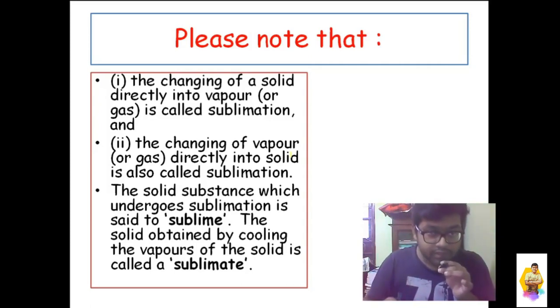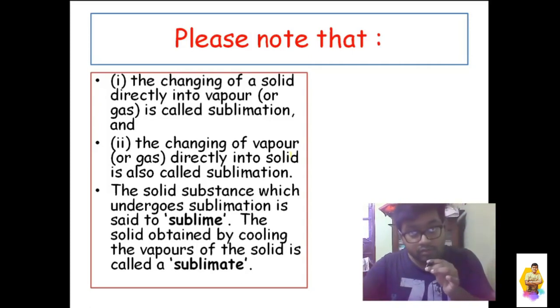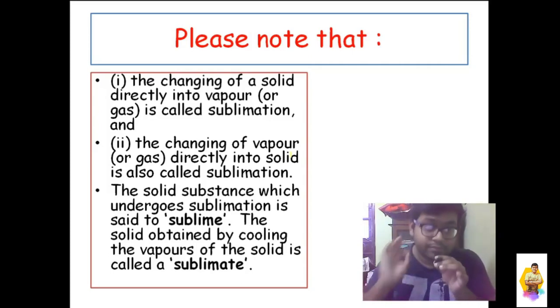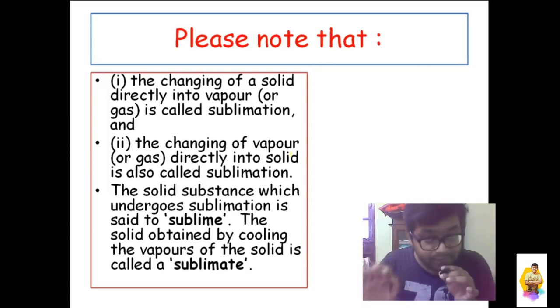The solid that undergoes sublimation is called sublime, and the solid substance we get back by cooling that vapor, if you convert the vapor into solid, that solid substance will be called sublimate.